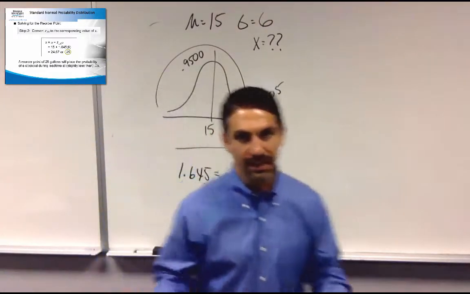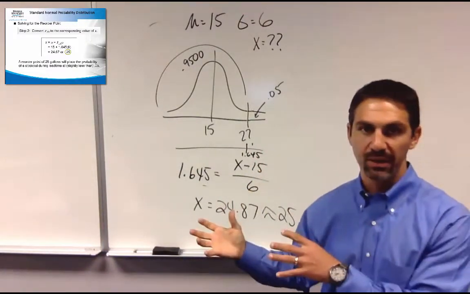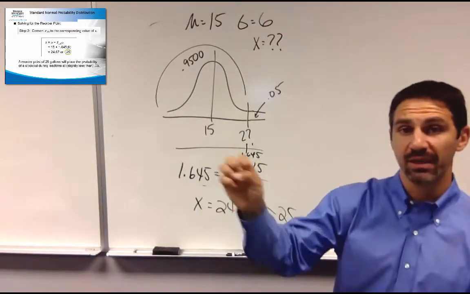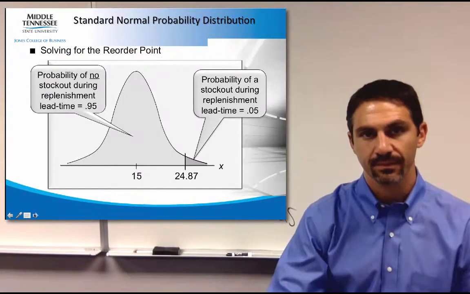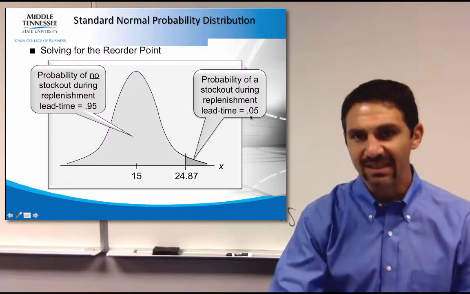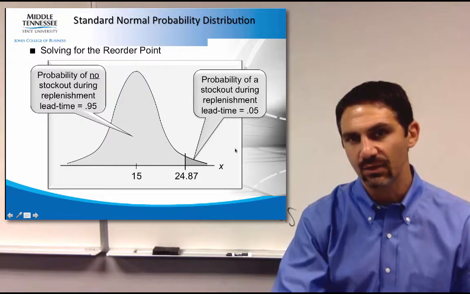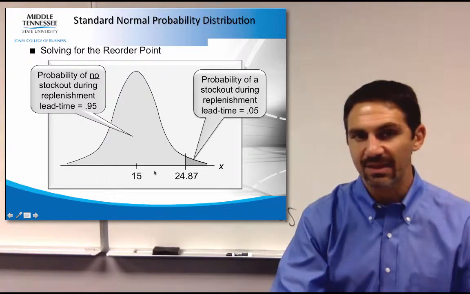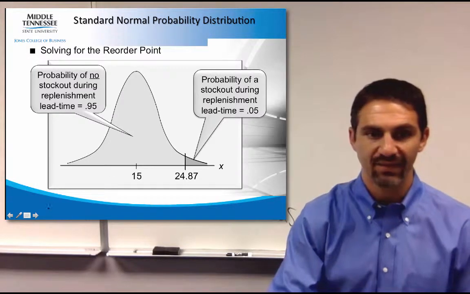And so that's an example of taking a value of x and finding the probability, and then taking the probability and finding a value of x. And as you can see here, here's when you do not run out, and then here's when you would, because obviously your amount that you need will vary more and less than 15.